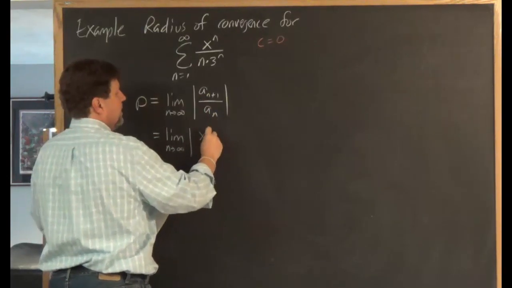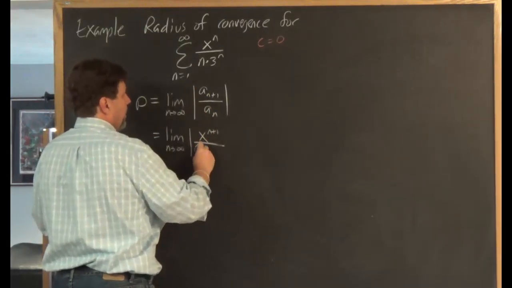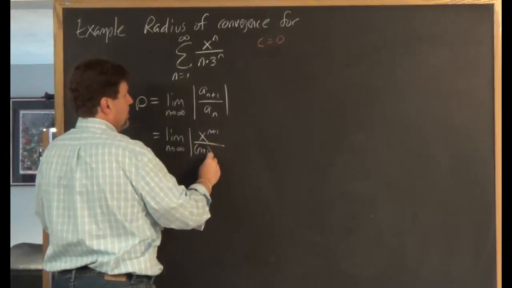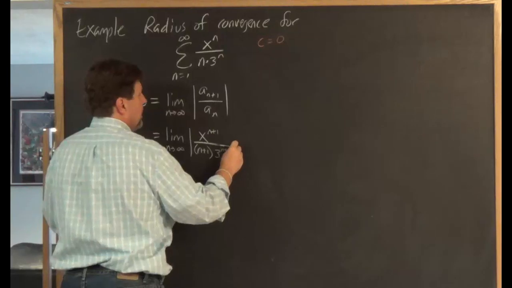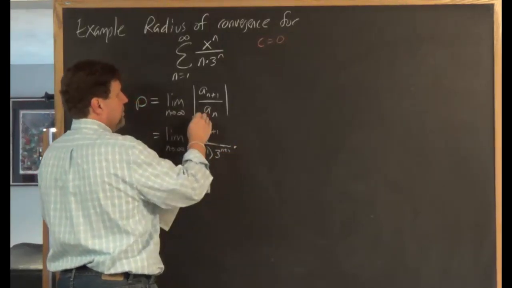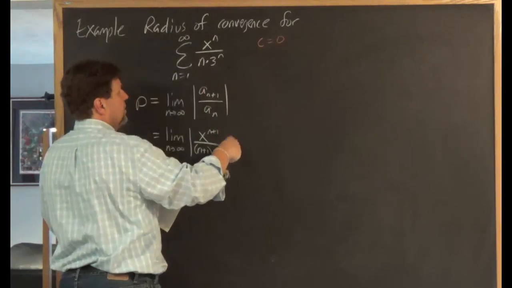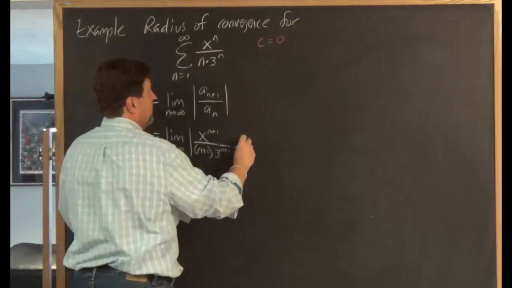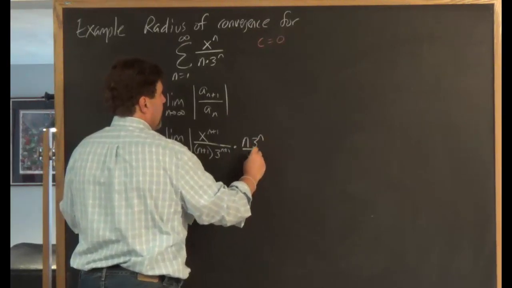That would be x to the n plus 1 over n plus 1 times 3 to the n plus 1. And you remember from the ratio test, I don't divide by a sub n, I turn it into multiplying by the reciprocal. So n, 3 to the n over x to the n.